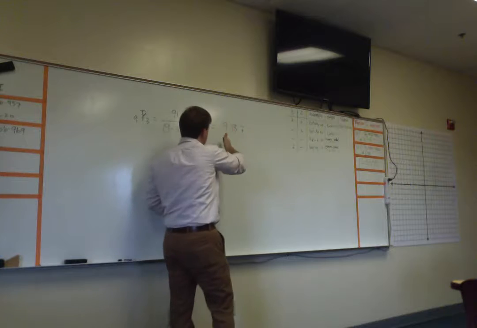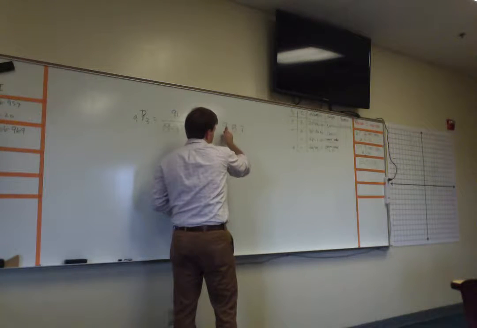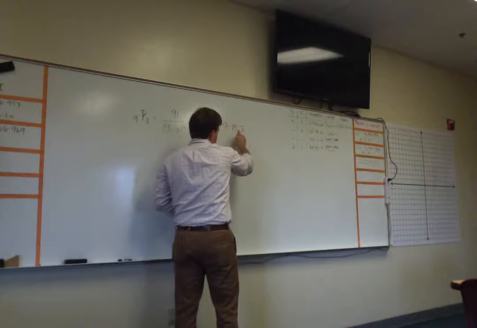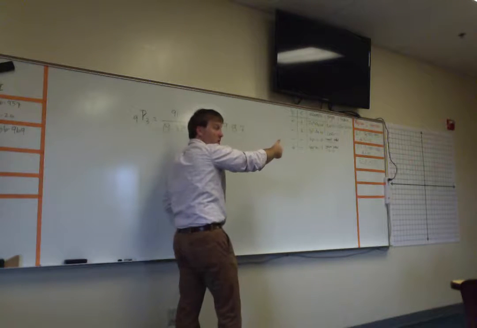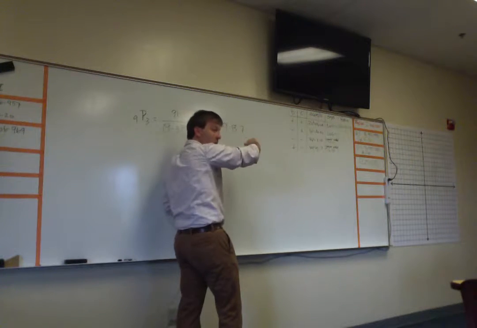So it's 1, 2, 3, 1, 3, 2, 1, 2, 4, 1, 2, 5, 1, 2, 6, 1, 2, 7, 1, 2, 8, 1, 2, 9. 1, 3, 2, 1, 3, 4, 1, 3, 5, 1, 3, 6, 1, 3, 7, 1, 3, 8, 1, 3, 9, and on and on and on. You have to do that through all of those.